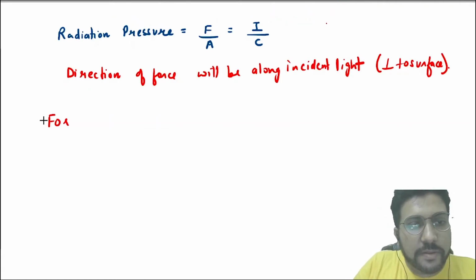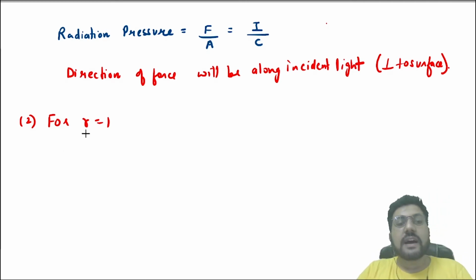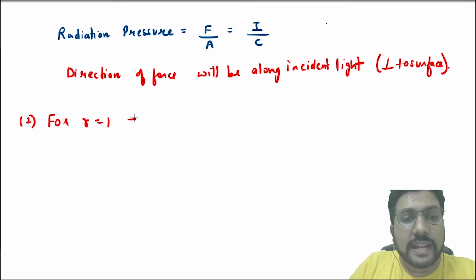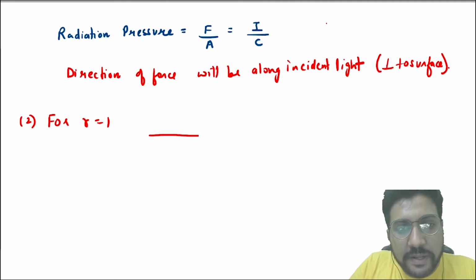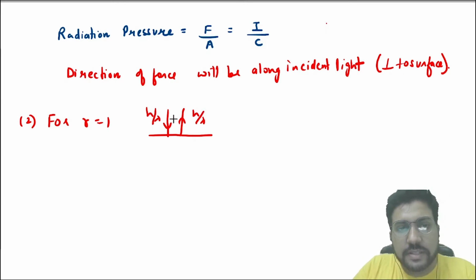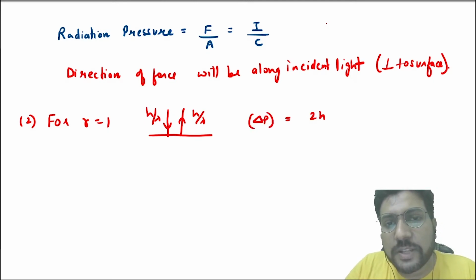Now for a completely reflecting surface, that is R equal to 1, the change in momentum will be h by lambda and then h by lambda reversed. So the change in momentum in this case will be equal to 2h by lambda.